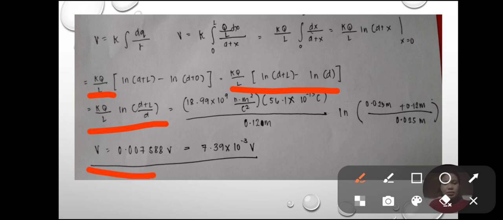And the answer will be V is equal to 0.07588 volts or 7.39 times 10 raised to negative 3 volts.